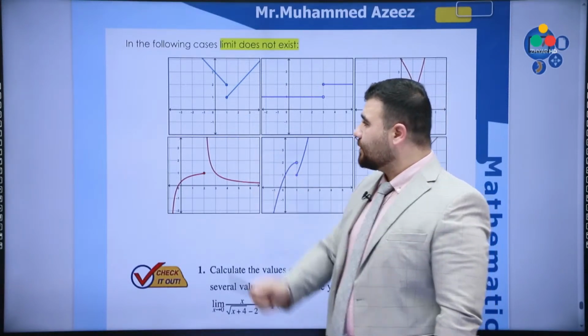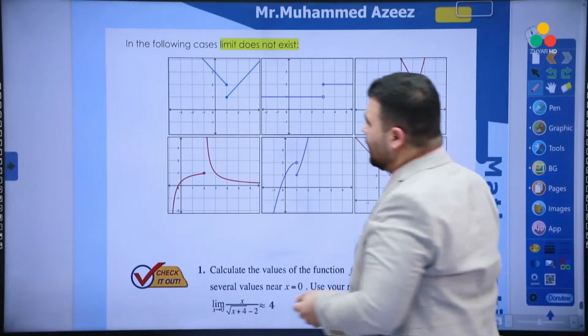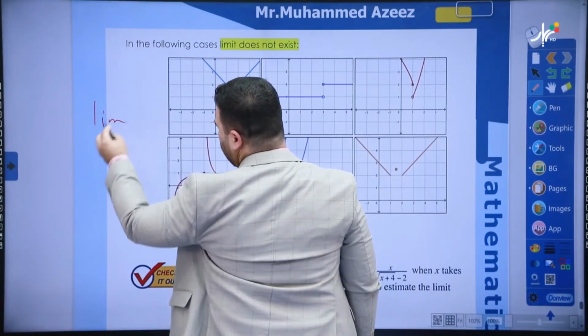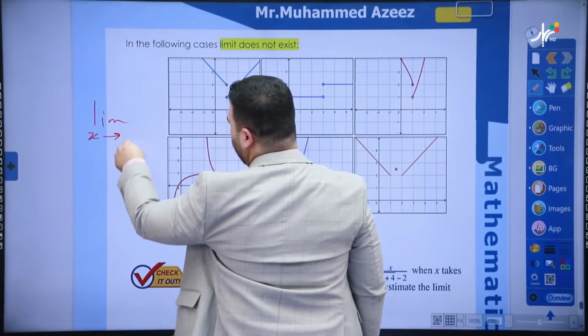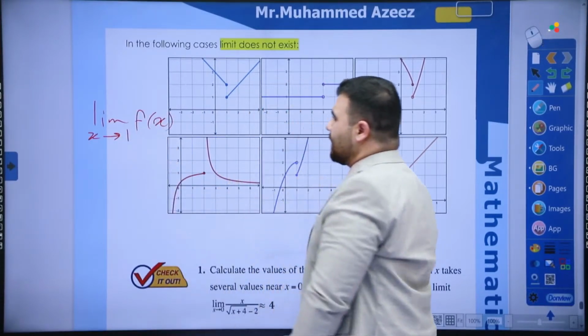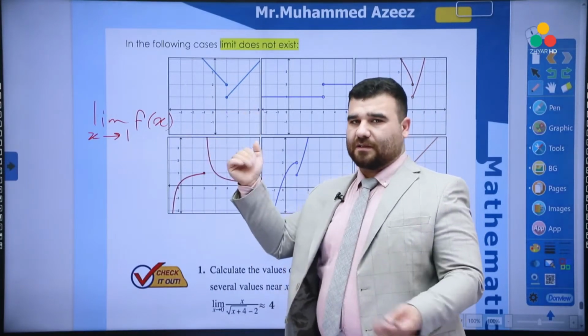Because if I approach this function, here, limit x approaching 1 for this f(x), the graph is broken at 1. It's two pieces. Now I need to do left and right.